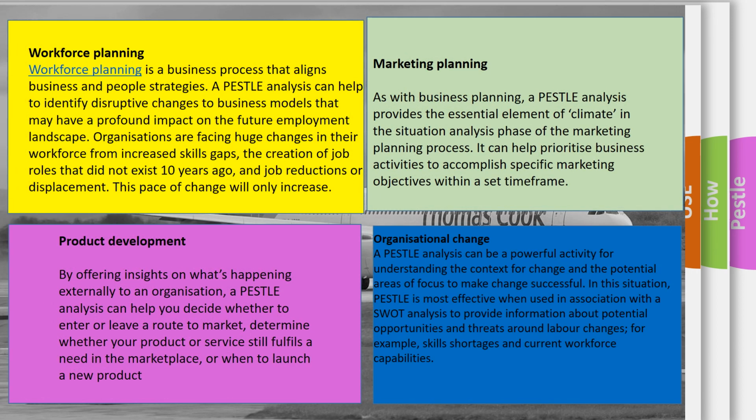It also affects organizational change. PESTLE will affect what you do. Think about Thomas Cook, trying to compete against the online marketplace, which they didn't succeed in doing. The online marketplace took a lot of their business away, and we all saw what happened to Thomas Cook.